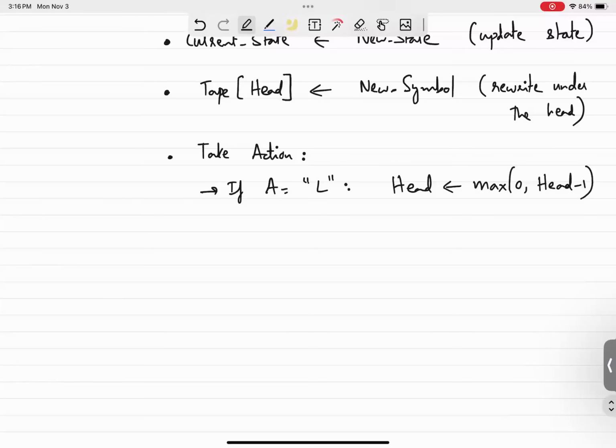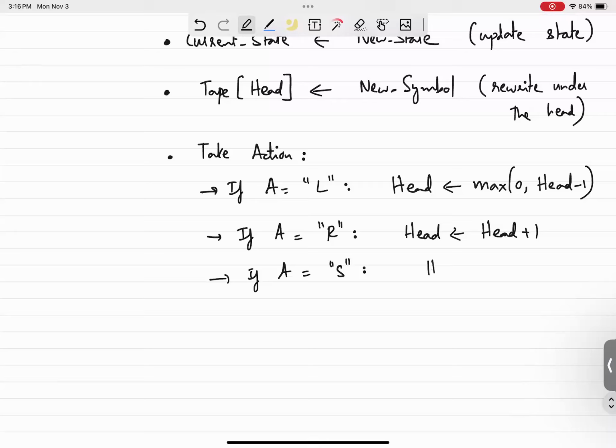Okay? And in the same way, if A equals right, then the head just moves to the right. If the action says stay, you just stay. So the head doesn't move anywhere. Okay?